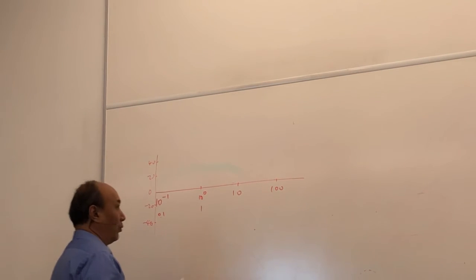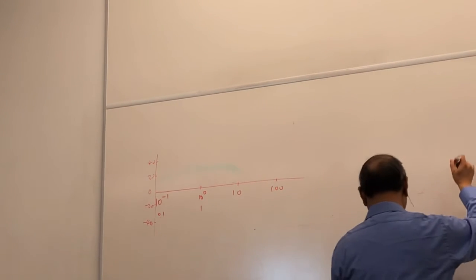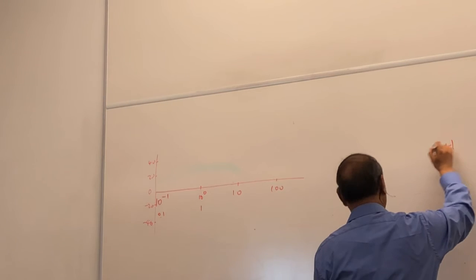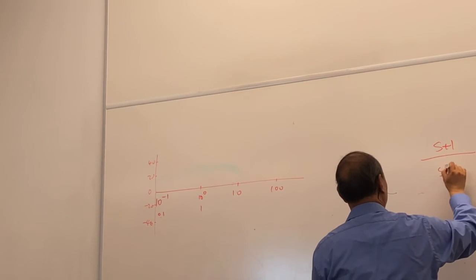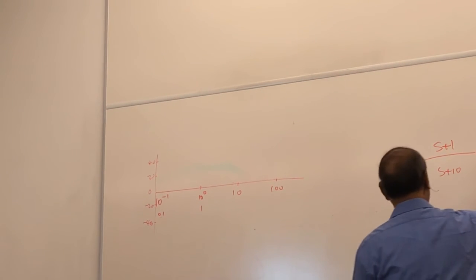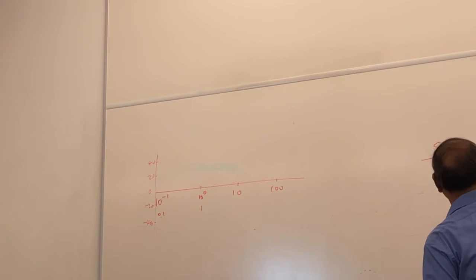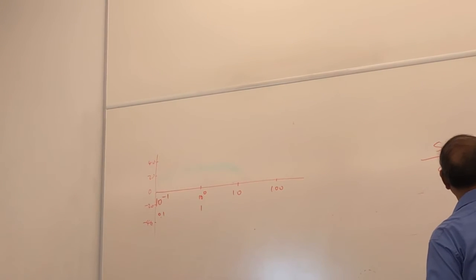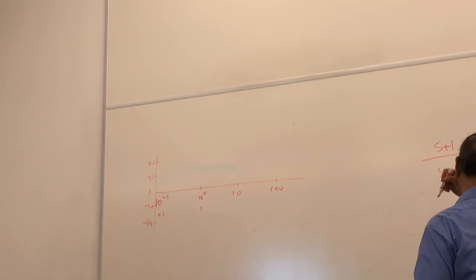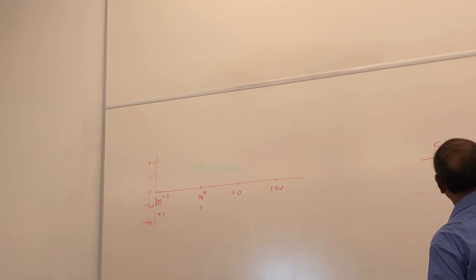So what I have here is s plus 1 divided by s plus 10, okay? So this should be turned into s divided by s over 10 plus 1. So then you should pull out a 10, so this is a 0.1, right?